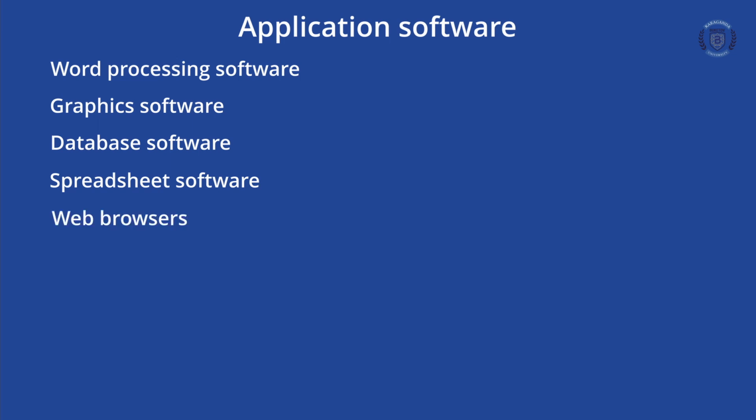Web browsers. Web browsers are application software we use to browse the internet for locating and retrieving data across the web. The examples of web browsers are Google Chrome, Opera, Firefox, MS Edge, and Safari. Presentation software.